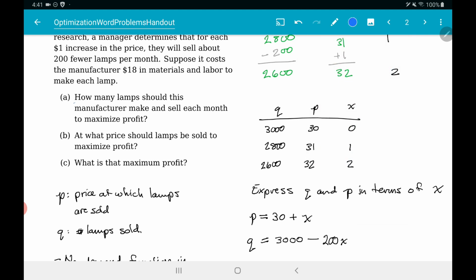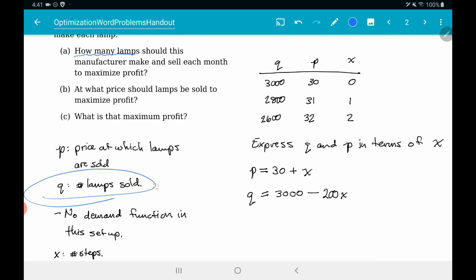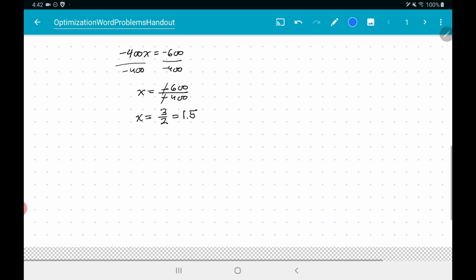So for example, how many lamps should this manufacturer make and sell each month to maximize profit? That means that we should plug that x equals 1.5 into which function, evaluate which dependent variable. Yeah, how many lamps is Q? So the answer to part A comes from Q. So here goes.